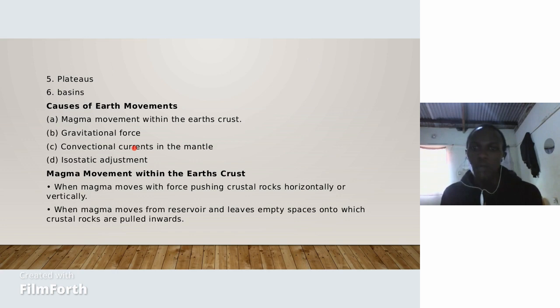Let's look at magma movement within the earth crust. When magma moves with force pushing crustal rock horizontally or vertically, it leads to earth movement. When magma moves from the reservoir and leaves empty spaces onto which the crustal rocks are pulled inwards to occupy, like I said.